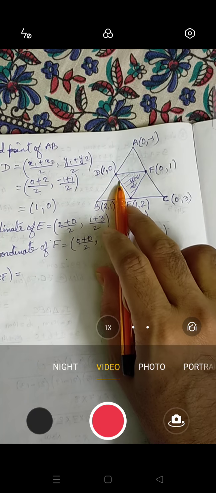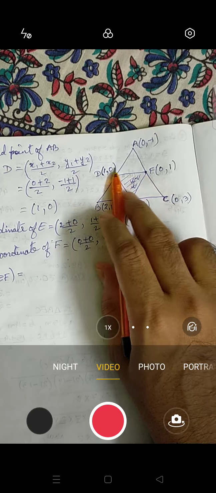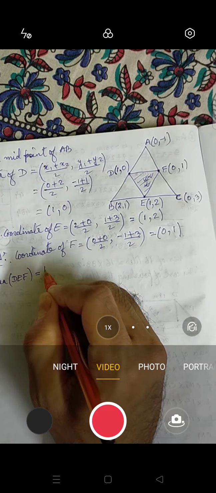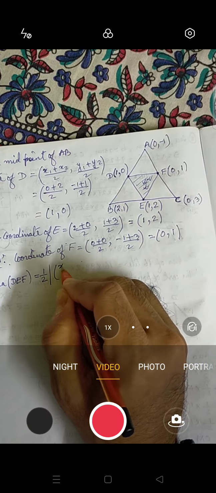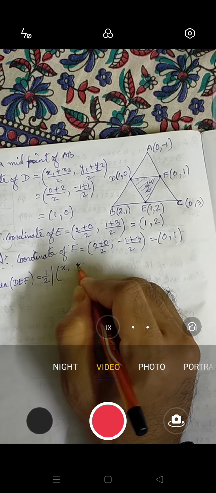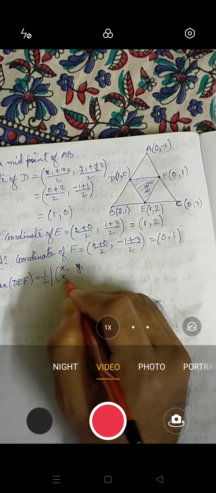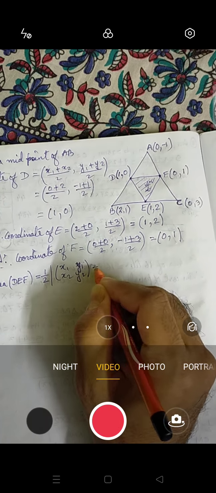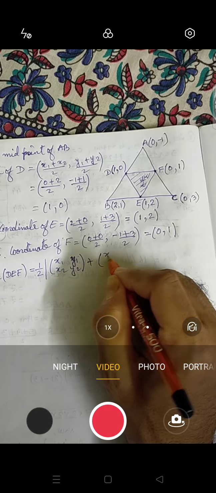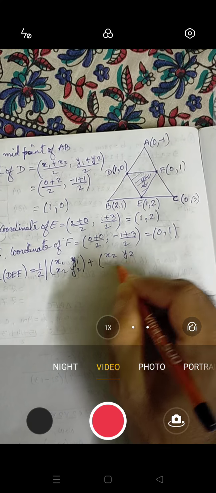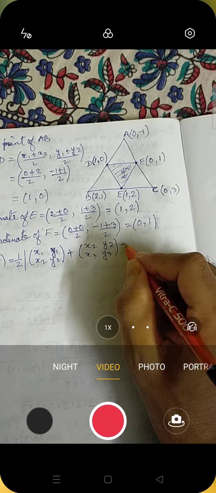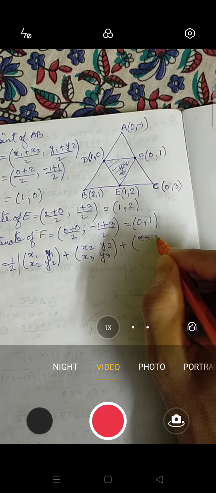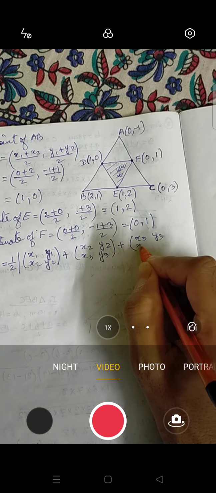So here we will be applying the triangle formula that I have taught you. Half into modulus bracket x1 y1 by x2 y2 bracket close plus x2 y2 by x3 y3 bracket close plus x3 y3 by x1 y1.